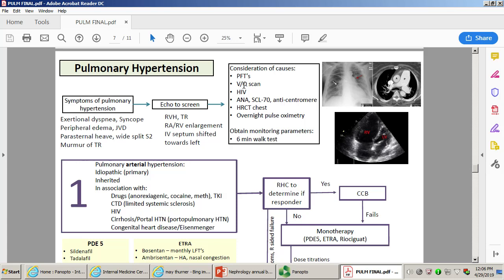Or do they have symptoms of OSA on the stem of the question and you need to do a sleep study? Do they have risk factors for clot and you want to do a VQ looking for class 4? Do they have autoimmune symptoms and you want to be looking for ILD? So you're trying to figure out the cause of the pulmonary hypertension.